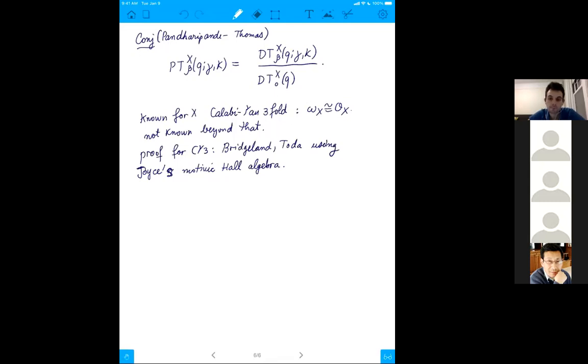So the motivic Hall algebra is just a way to package these wall-crossing formulas in one formula. Yeah.